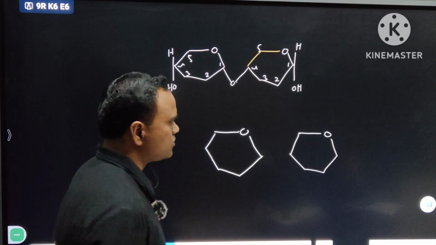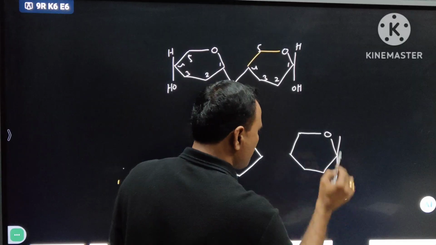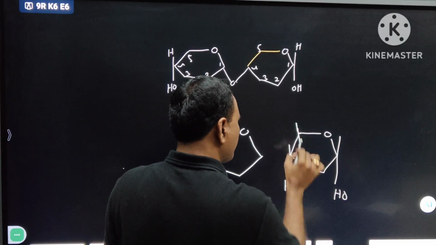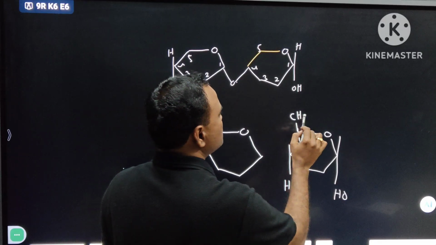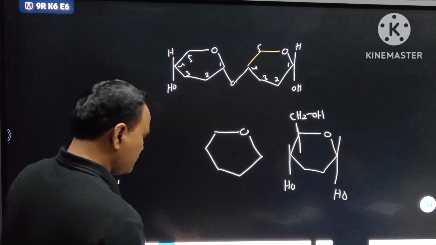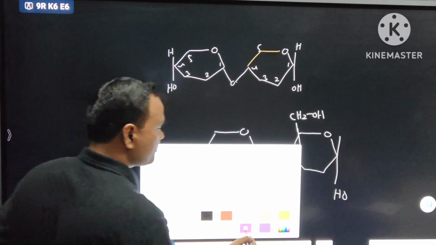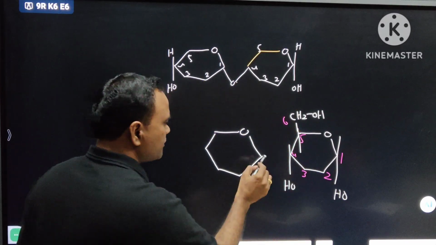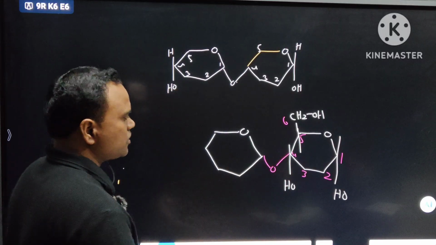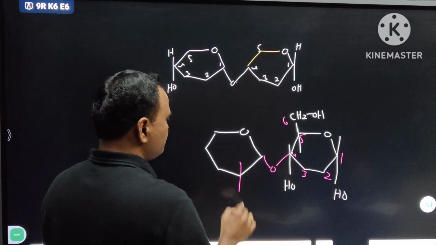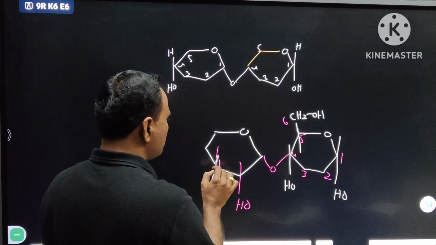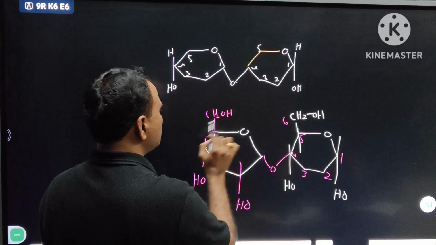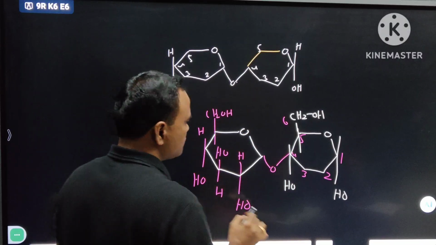Rough structure, rough diagram. You tell me here, CH2OH. Give the numbering, 1 2 3 4 5, sixth carbon. Here also one link, and the remaining structure is the same. Here OH is present, here OH, here OH, here CH2OH, H. Let us complete the structure.